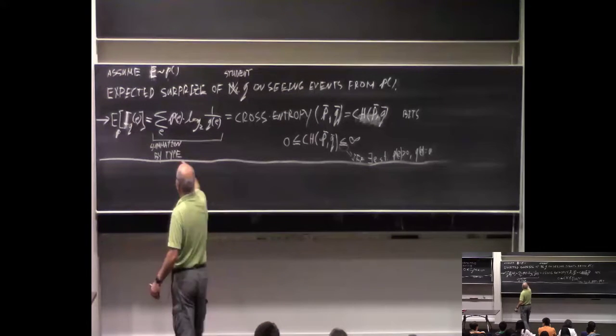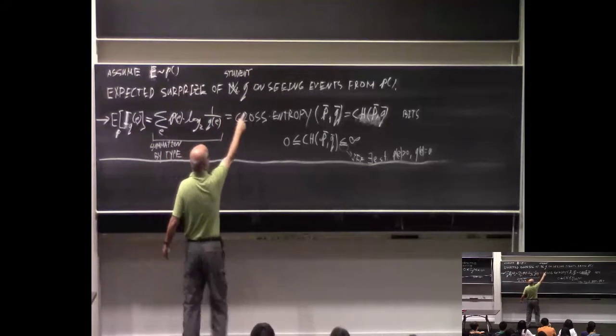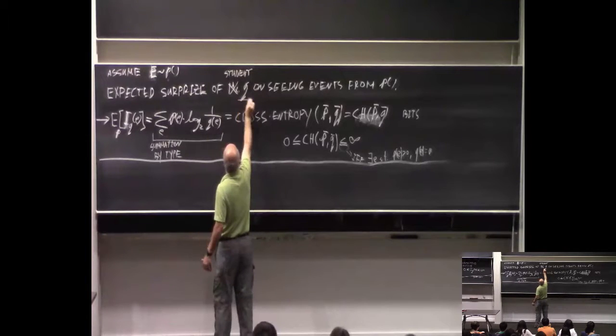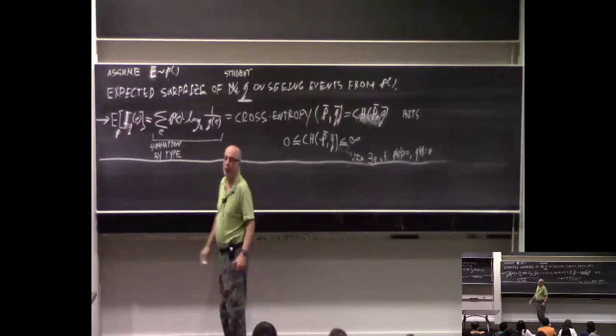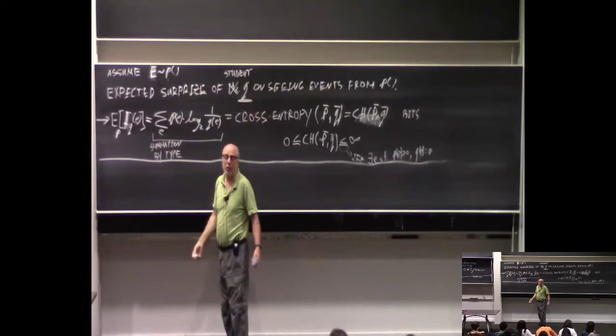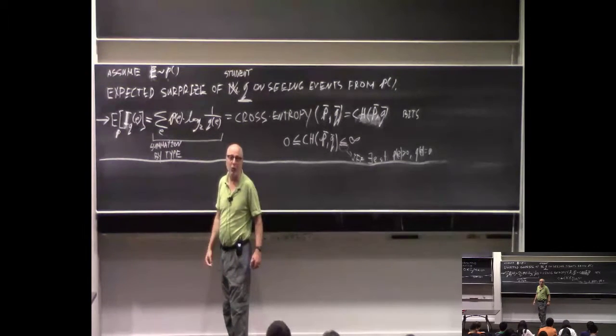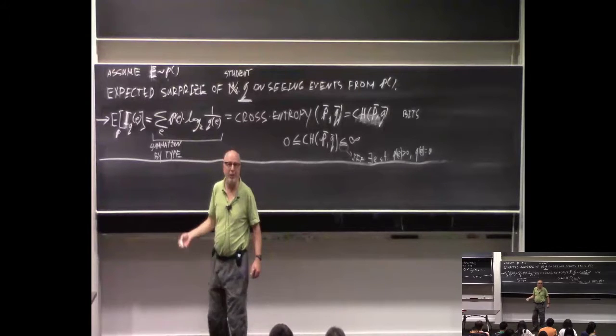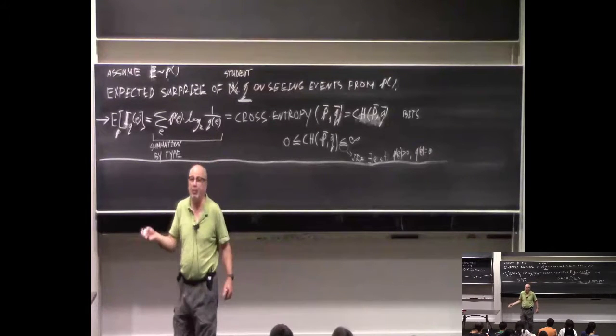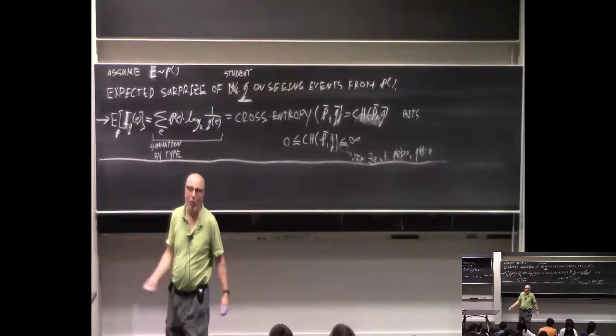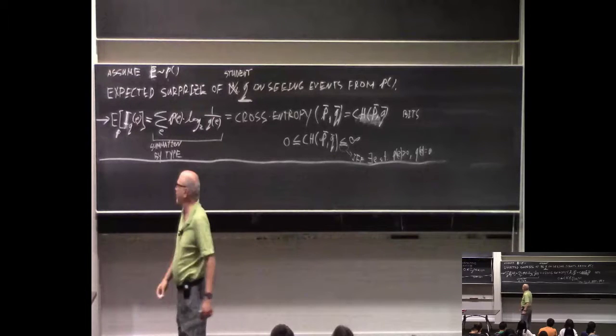This is the expected surprise of someone who believes that the world behaves according to Q. But the world really behaves according to P. What about the person who knows how the world behaves? From their point of view, maybe they also think of themselves as Q, but they happen to be right. Or maybe they know that they're right. It doesn't matter, one of them.